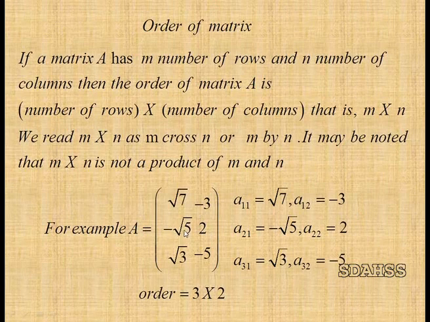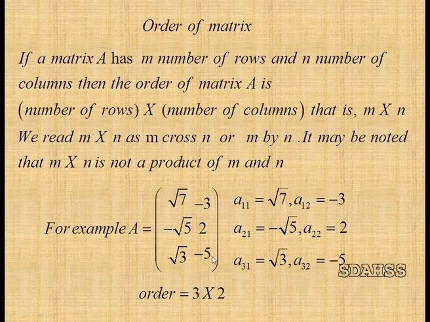A21 means the element present in the second row and first column, which is equal to minus root 5. A22 means the element in the second row and second column, equal to 2. Then A31 means the element present in the third row and first column, equal to root 3.